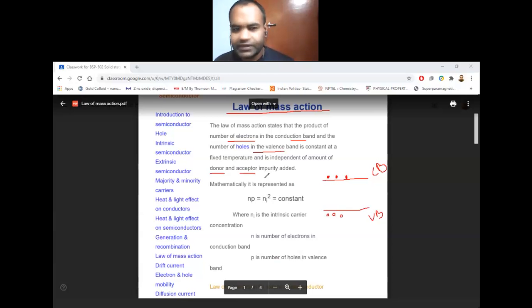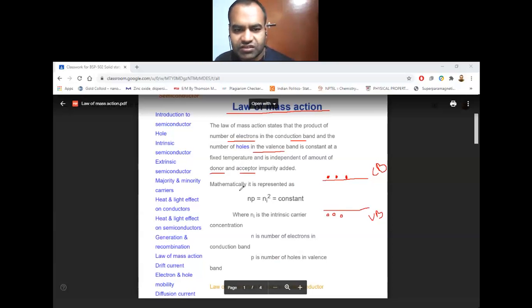An extrinsic semiconductor means the semiconductor is doped with impurity, and the doping can be donors or acceptors. I don't know whether you have learned about doping of semiconductors or not, but that is the idea. Depending on the nature, a very pure semiconductor is intrinsic and a doped semiconductor is extrinsic.